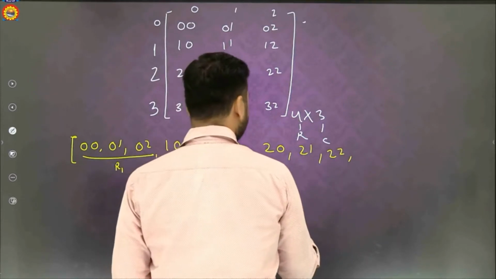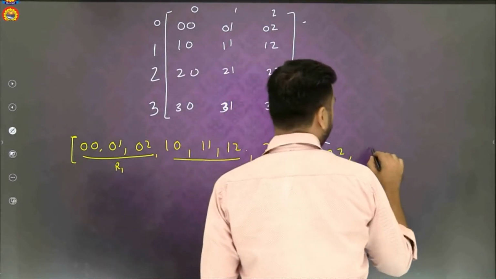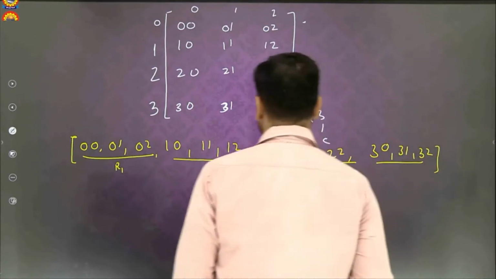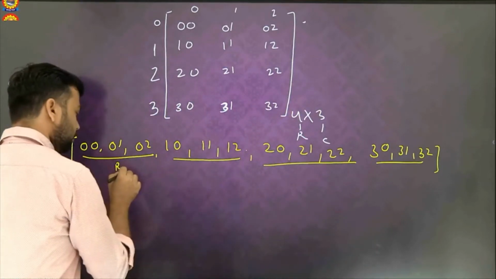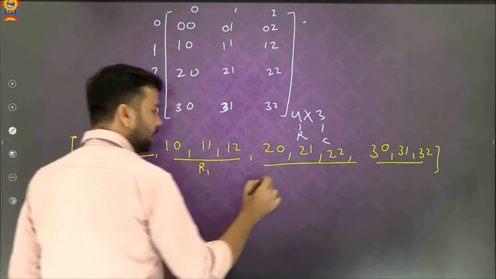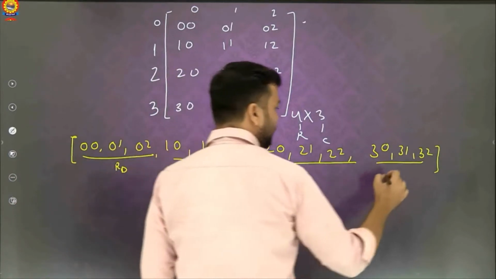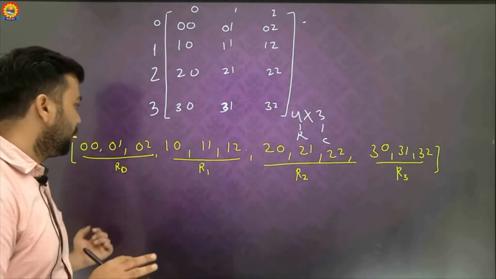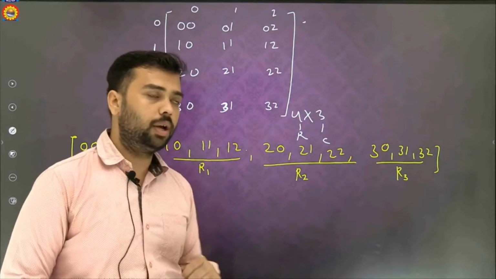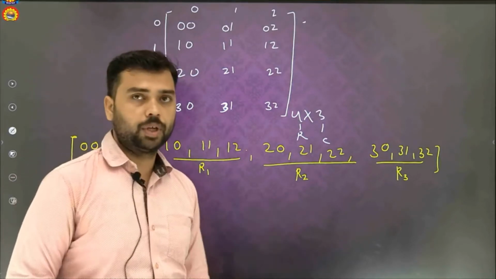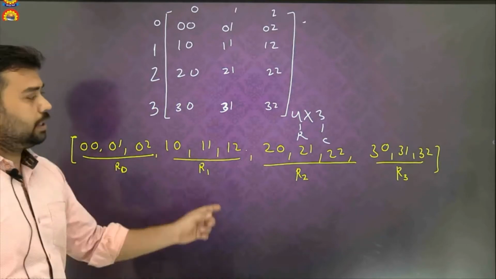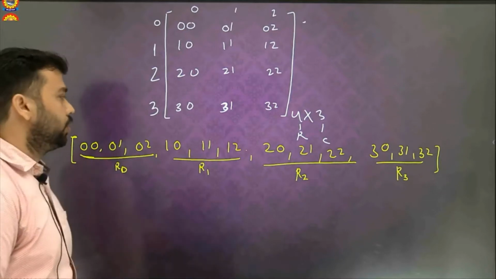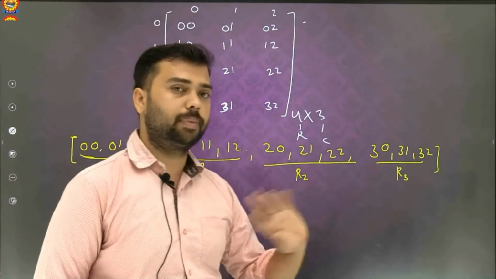Then we store the next elements: 1,0, 1,1, 1,2. Then we store the next elements: 2,0, 2,1, 2,2, and then the next elements: 3,0, 3,1, 3,2. So this is row 0, row 1, row 2 and row 3. We have in total 4 rows, with indices 0, 1, 2 and 3. So this is how the values are stored in the case of row measure: element 0,0, then element 0,1, then 0,2, then 1,0, then 1,1, 1,2, and so on.